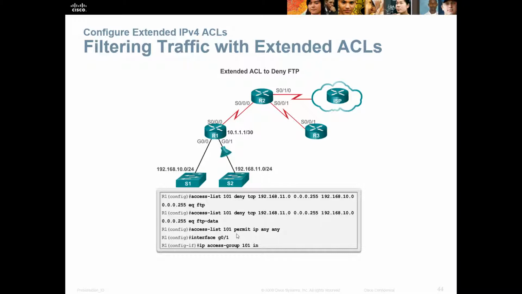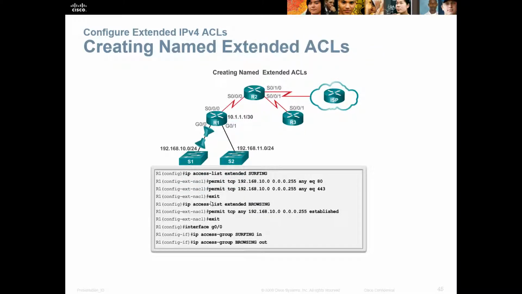If we want to be specific with our ACLs, again, access-list 101, deny or permit or remark, our protocol, source wildcard, destination wildcard, and the port that it's blocking. So here we're listing a specific source to a specific destination and a specific port. And that's totally possible as well.